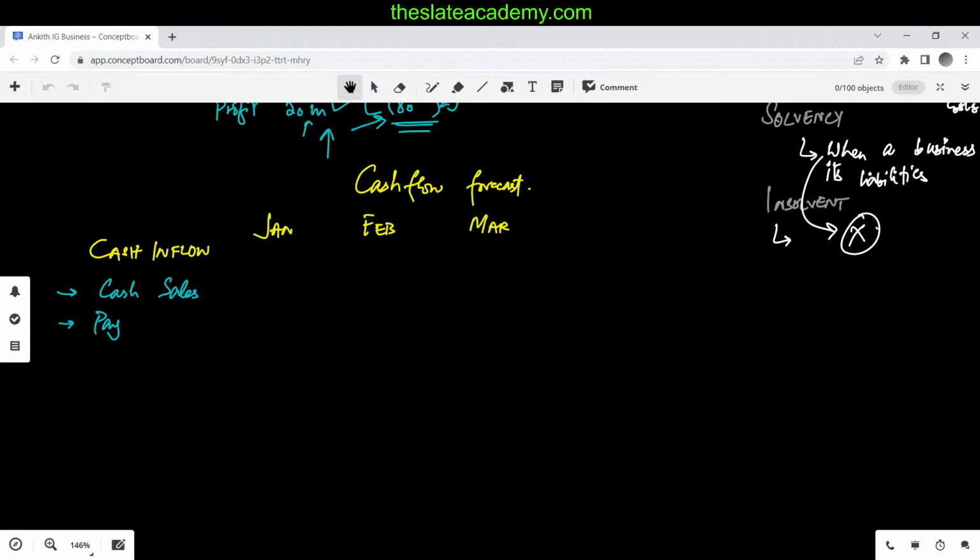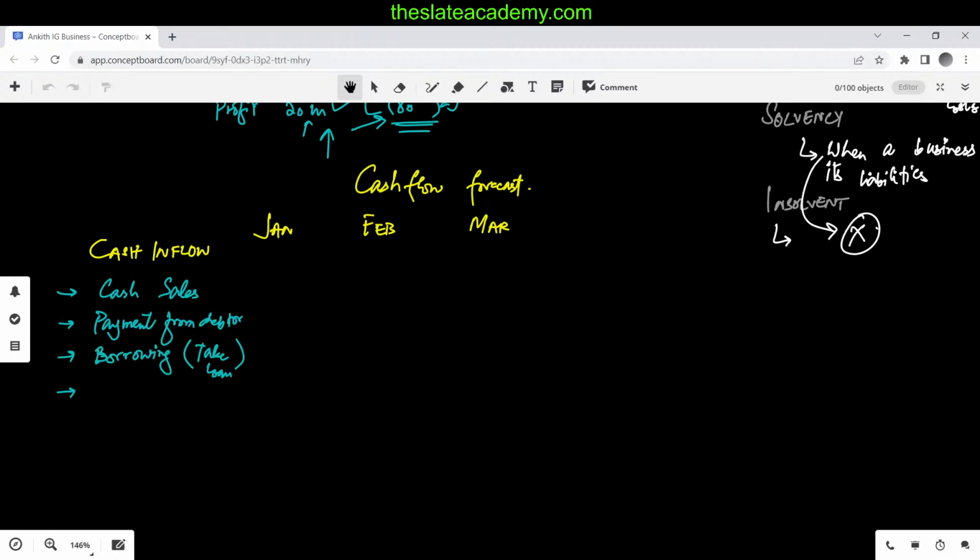What else? If you take a bank loan, so if you borrow money from someone, yes, it will create a liability for you, but it will also result in cash inflow for your business, right? What else?